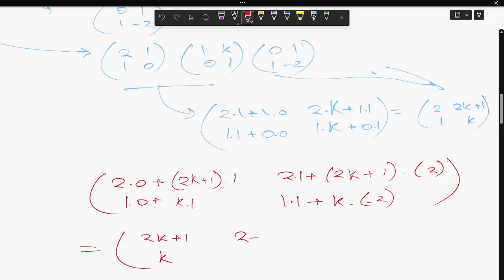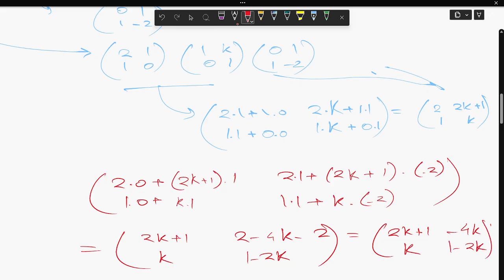This side we will get 2 minus 4K minus 2, then 1 minus 2K. So finally we get 2K plus 1, minus 4K on this side, and K here, and 1 minus 2K. So this is the correct answer of this question.